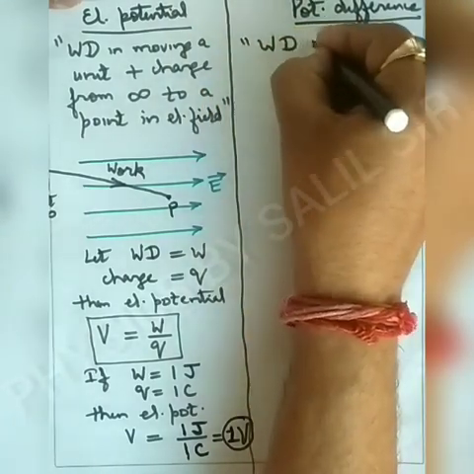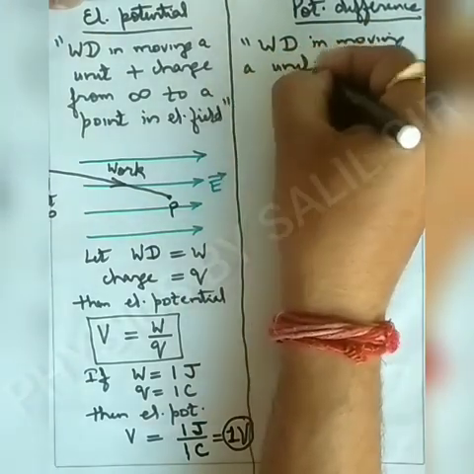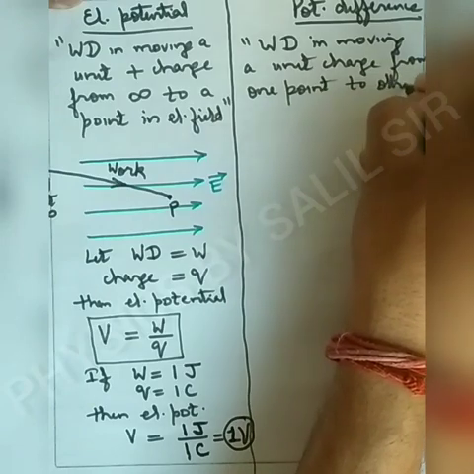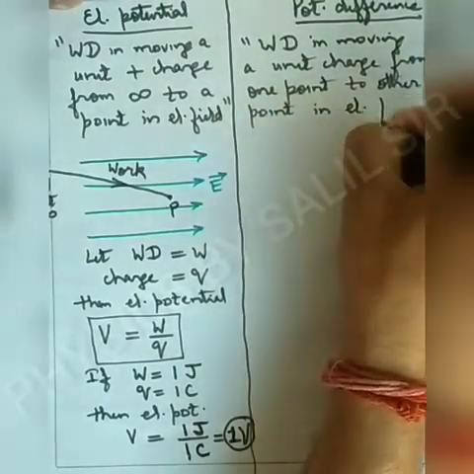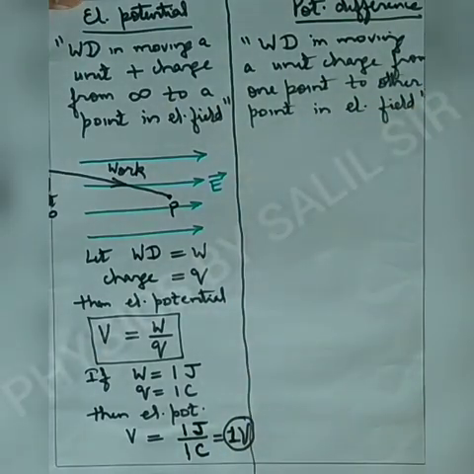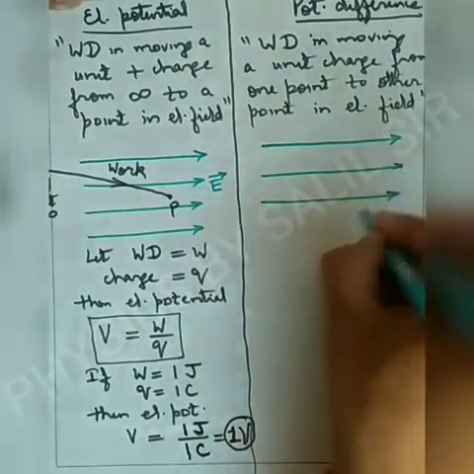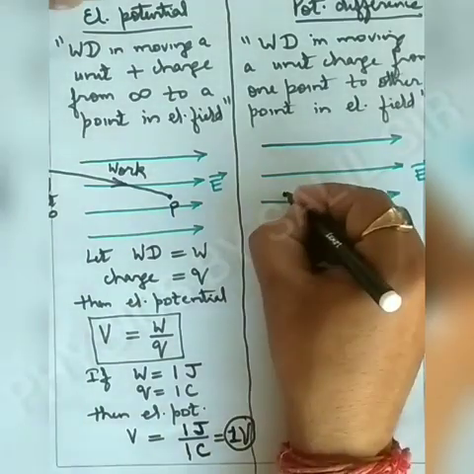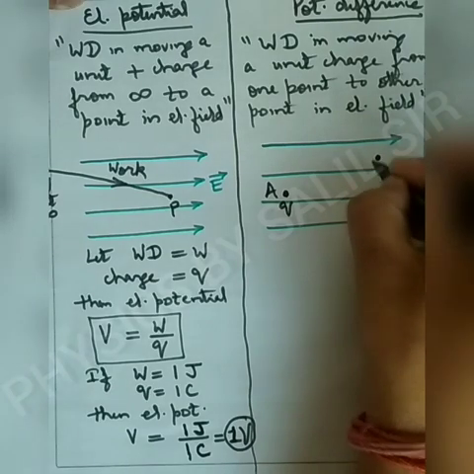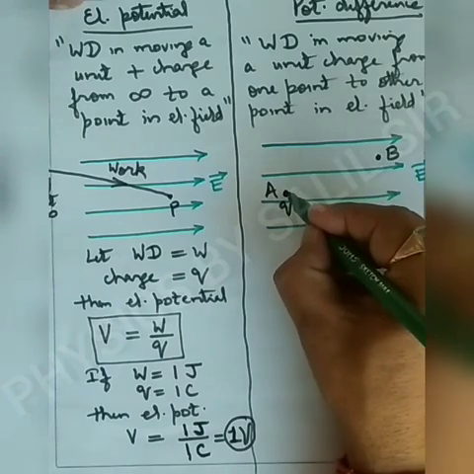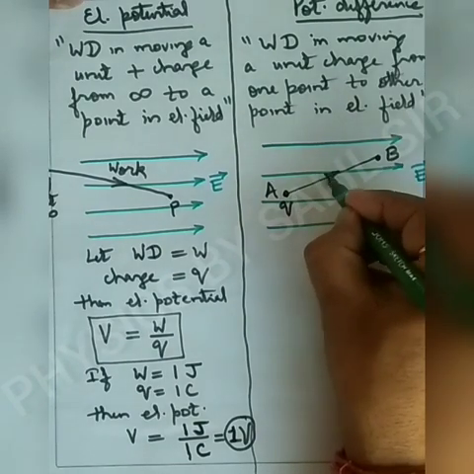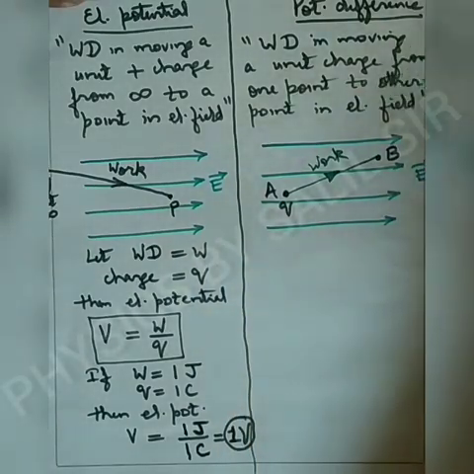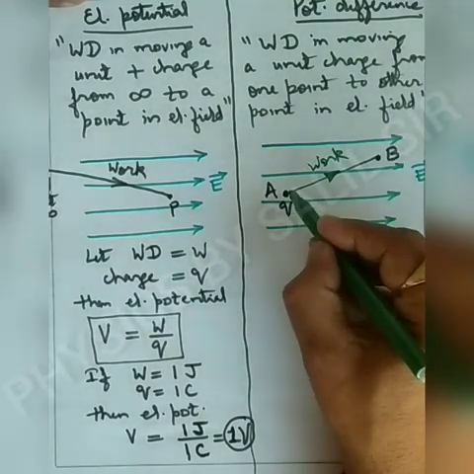Potential difference is the work done in moving a unit charge from one point to another point in electric field. Suppose this is the electric field, represented by vector E, and this is point A where a charge is kept, and this charge is transferred to point B. So work is required to be done to transfer this charge from point A to point B, and this charge is transferred within the electric field.